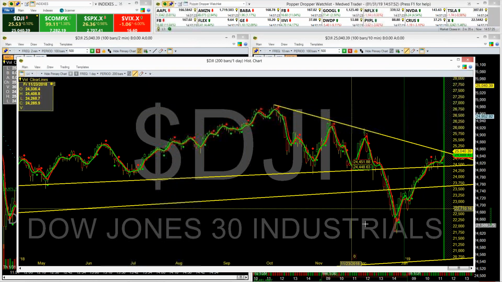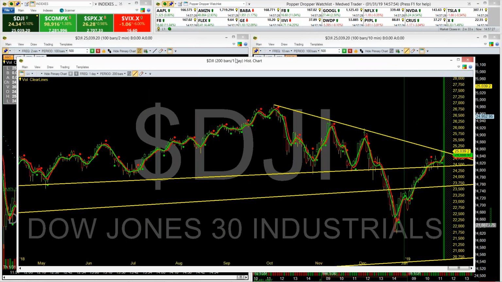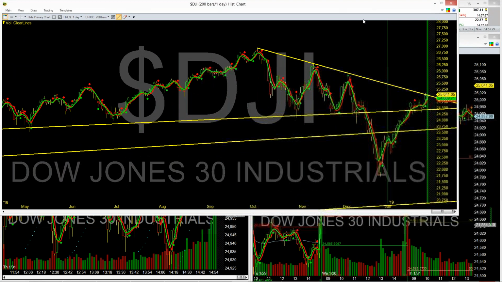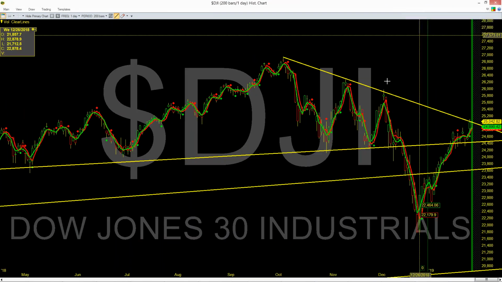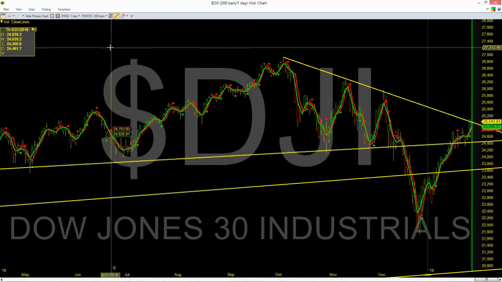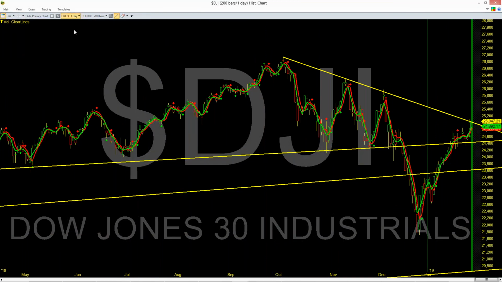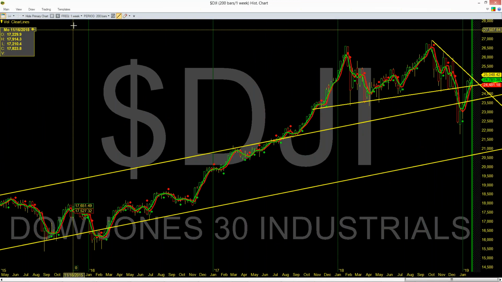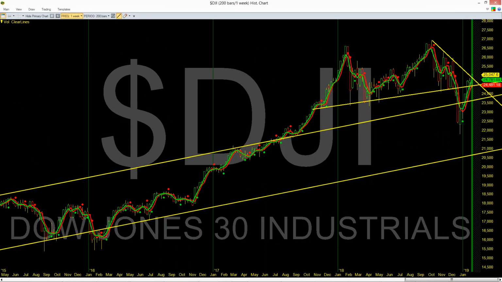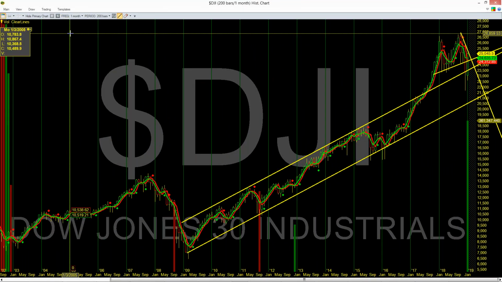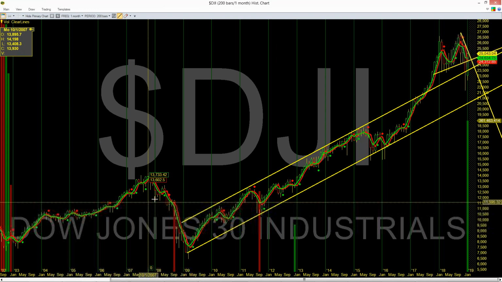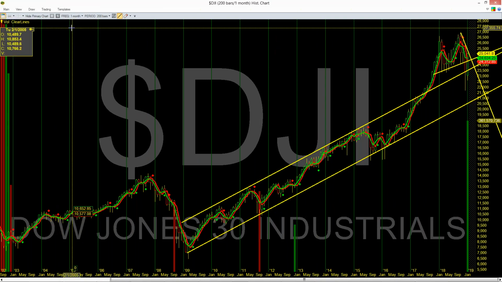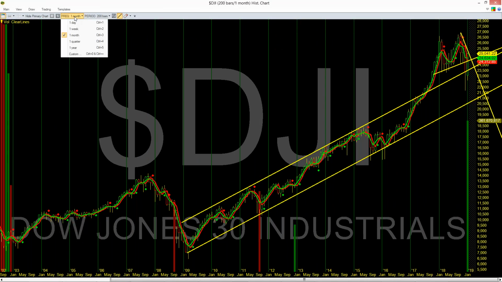So interestingly, I drew these trend lines a while back on the Dow, on the month, I think. I drew these trend lines a while back, when we started coming down.